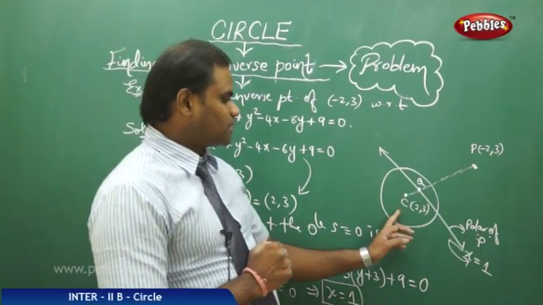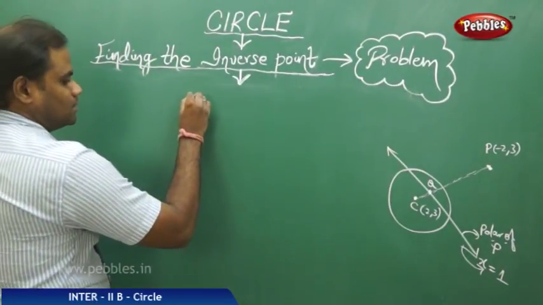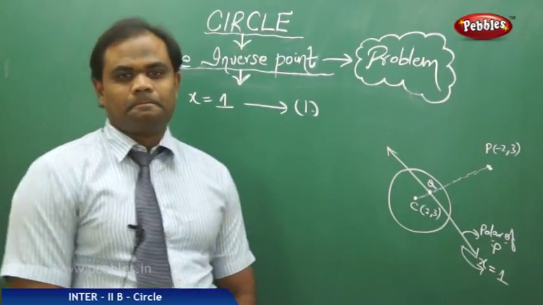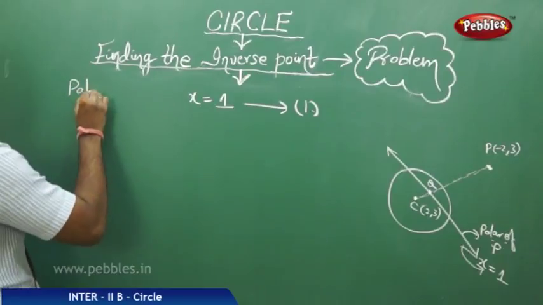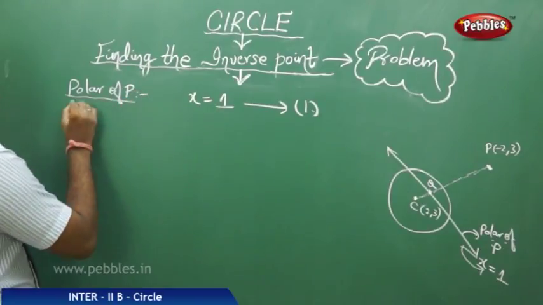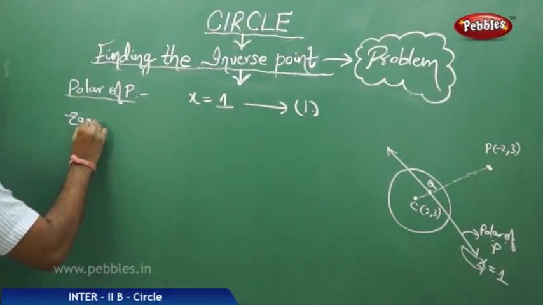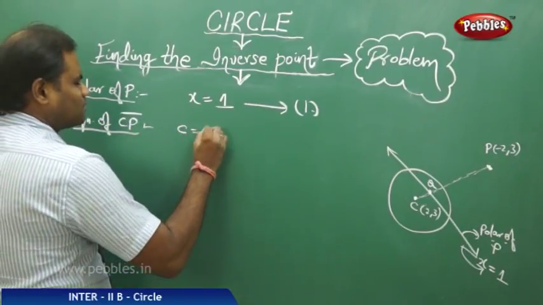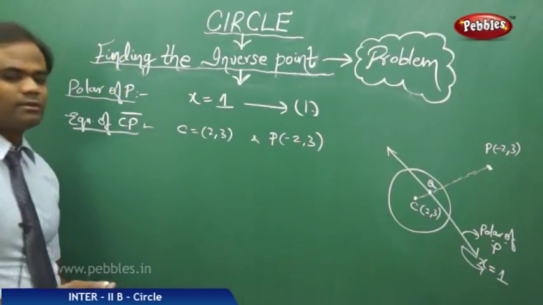Now next, it is important that I find the equation of CP. So the equation of the polar of P is x equal to 1, which I take as equation 1. Now next is the equation of CP, where P is (-2, 3). To find the equation of CP, I consider C, which is (2, 3), and P, which is (-2, 3).